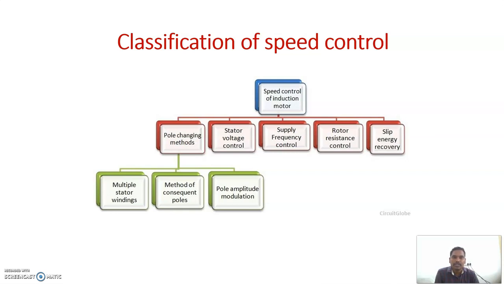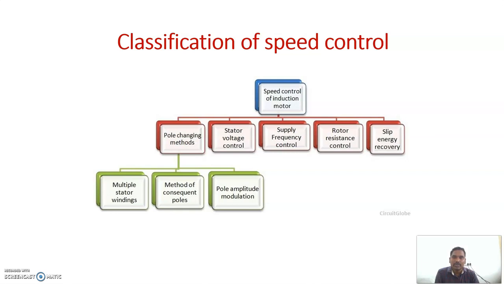We have a 4-pole machine. For the application purpose, we change the pole number by changing the connection of the winding. Also there is the stator voltage control method. In stator voltage control, the voltage is directly proportional to the current and the speed of the machine.